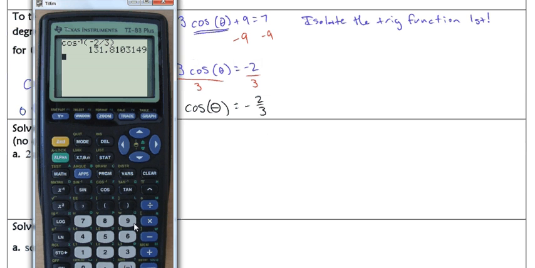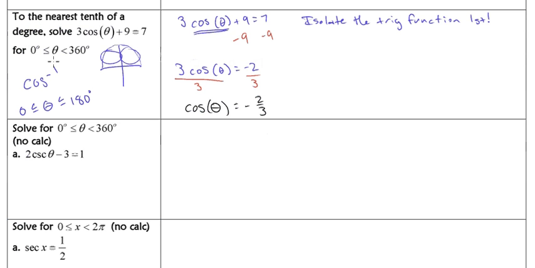There we are, 131.8, because we're rounding to the nearest tenth. So our value for theta is equal to 131.8 degrees.